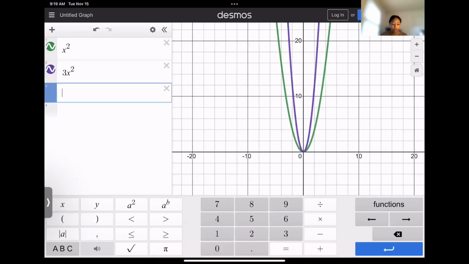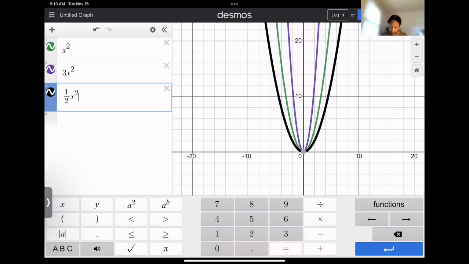But if we pick a value that's between 0 and 1, like 1/2 x squared, we'll end up with a wider parabola. So 1/2 x squared, as you can see, the black parabola is wider than the green one, which is x squared, and the purple one, which is 3x squared. So when we're talking about the width, wider or narrower, we're talking about compared to x squared.